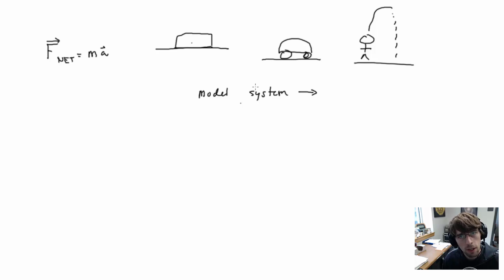And the question is, how did you conceptualize the system? When we're doing a free body diagram, we would conceptualize the system as simply being a point particle, right? It's not by accident that I would not get very fancy. So we'd model the system as a point particle.